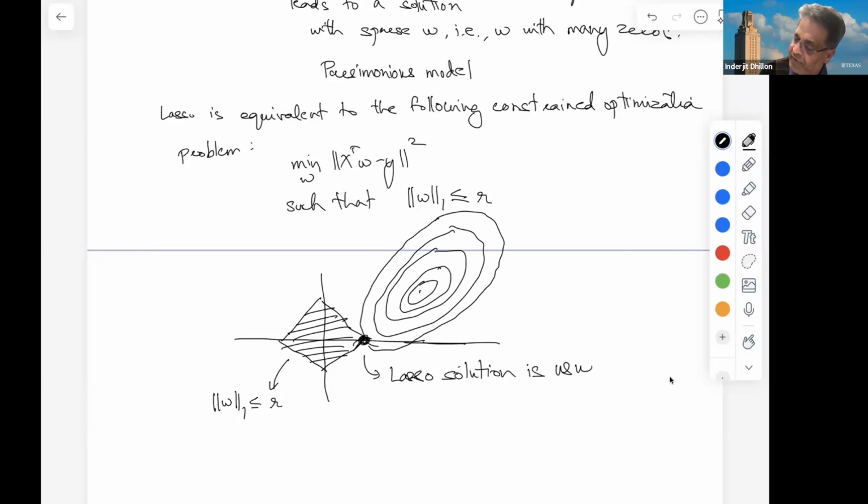It is usually sparse. Now remember, I'm drawing this in two dimensions, but this is happening in D dimensions when there are D features. So if D is a million, it's a D-dimensional space. So it's not going to be that only one variable is non-zero, but there may be many variables.